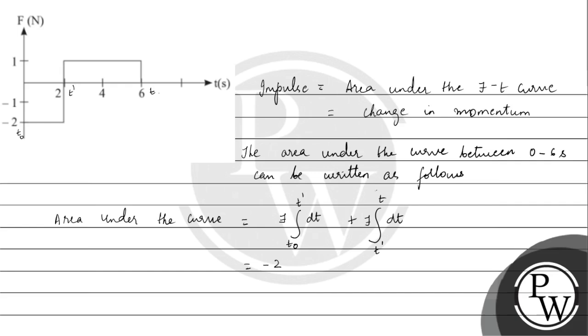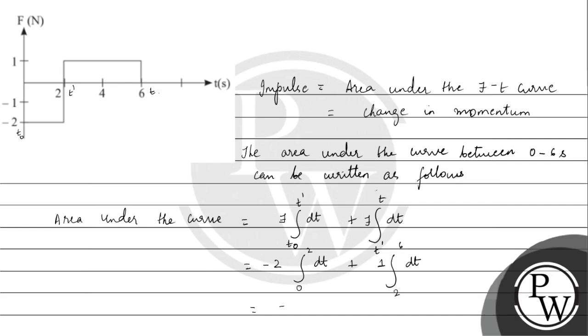So this is -2. अभी t naught है 0, t prime is 2 seconds into dt plus अभी force है, so from 2 seconds to 6 seconds we see it's a constant force of 1 Newton, so ये है 1 and t prime is 2 seconds and t is 6 seconds dt.